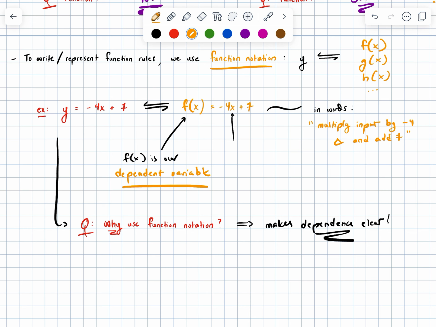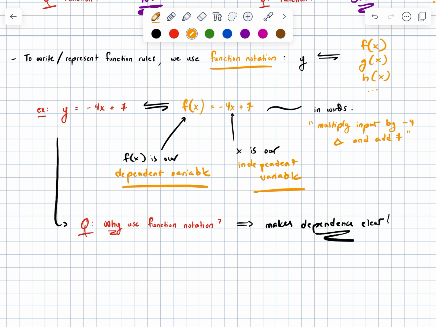Its value depends on the value of x that we plug in, but x can be whatever it wants. It has no dependence, so we are going to call this guy our independent variable. Independent variable. So I can plug in anything that I want for x in this case, and then depending on the value of x, that informs my value of f of x, which is really just y.